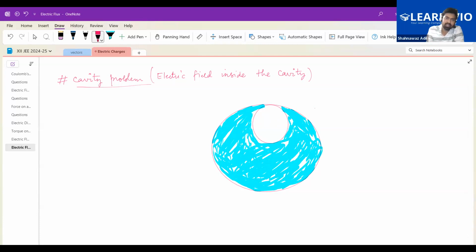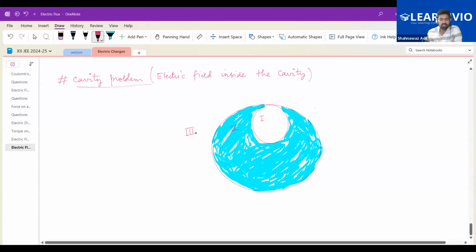There can be three regions. One would be inside that cavity, second would be inside this sphere, and third would be totally outside. Only the first one is in our syllabus. So let's talk about this region, and we can take any point inside this cavity. Let's say we take this point.